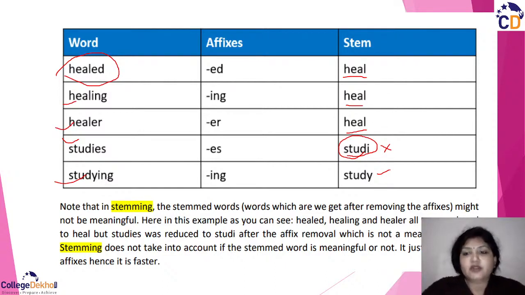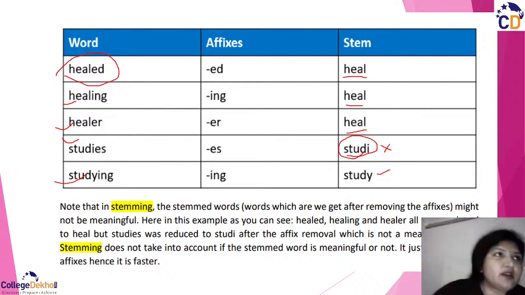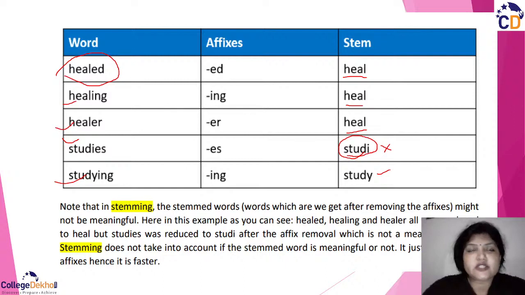It might be possible that the word becomes meaningless and does not provide any meaning after removing the affix, so it doesn't matter in stemming. This is the disadvantage, and that would be covered in lemmatization, when we remove the affixes and the word should have some meaning after removing them. So this is the difference between stemming and lemmatization.